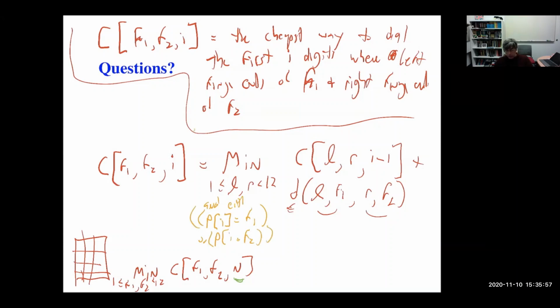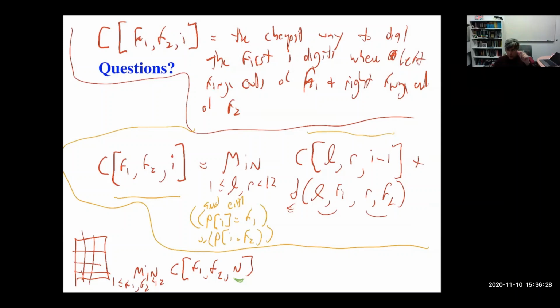Okay, let's look at this recurrence and see what this is saying. My claim is the optimal way to dial the first I digits, where my fingers end up on keys 3 and 7, is going to be, I will have had to have dialed the first I-1 digits, and my fingers have to have been someplace.